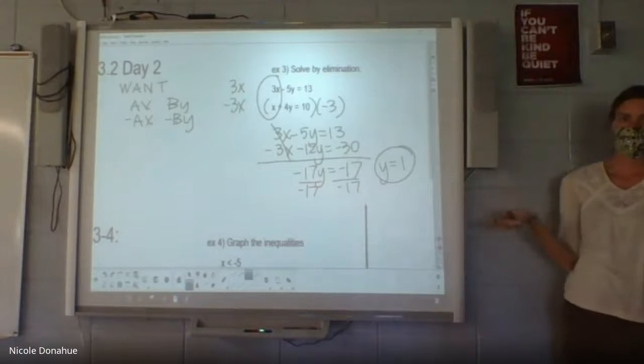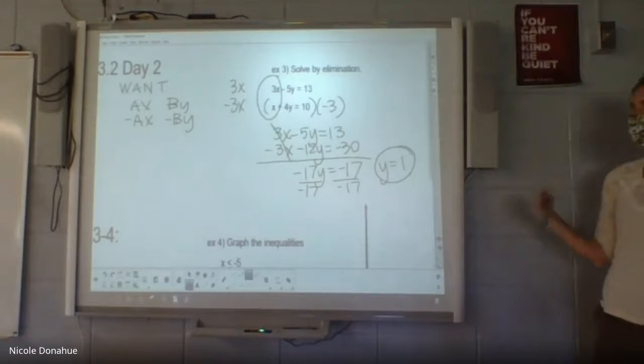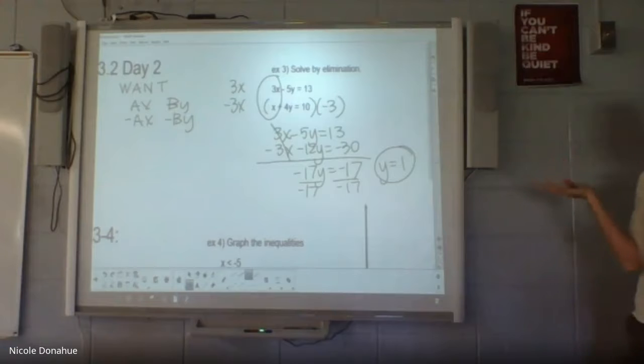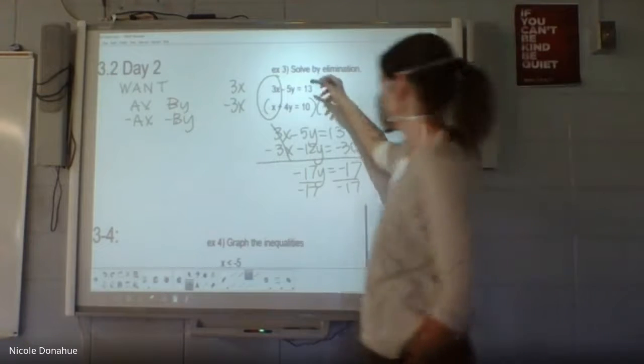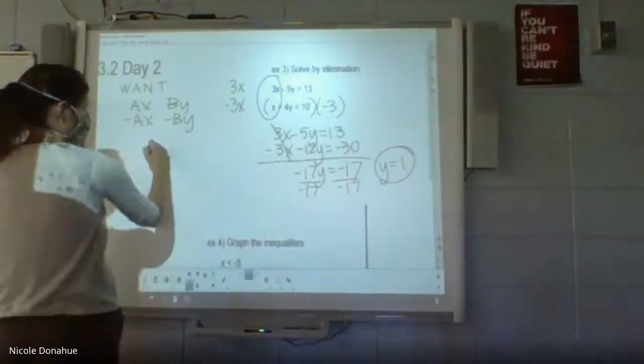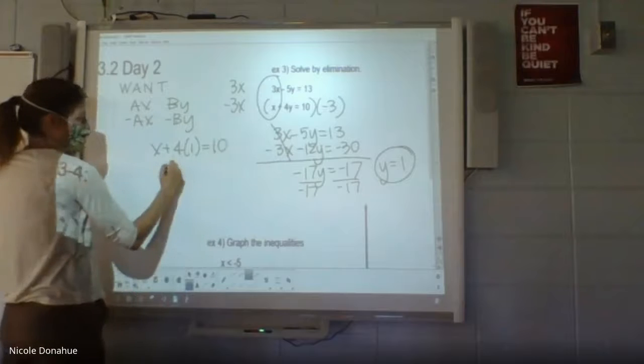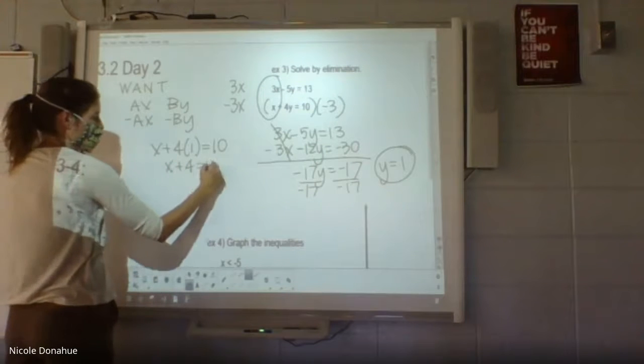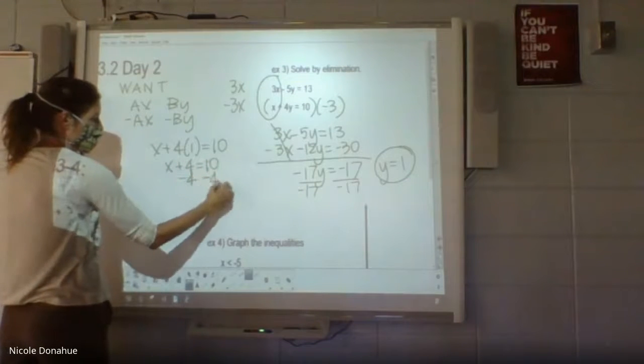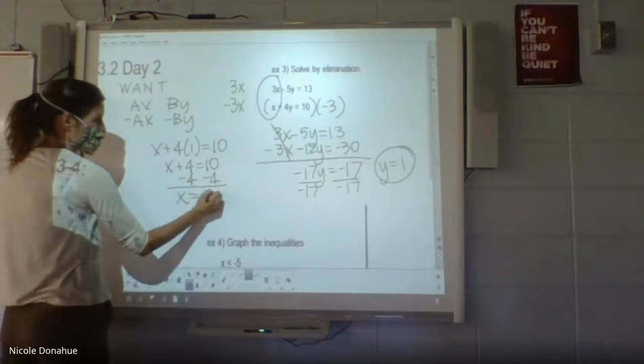Once we have our y, then we can substitute that back in to find x in either of the two equations on the top. It doesn't matter which one you use. If you want to use the very top one, the middle one, it doesn't really matter. X ends up being 6.